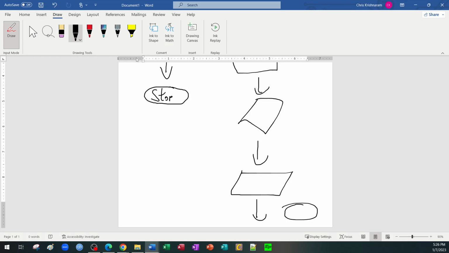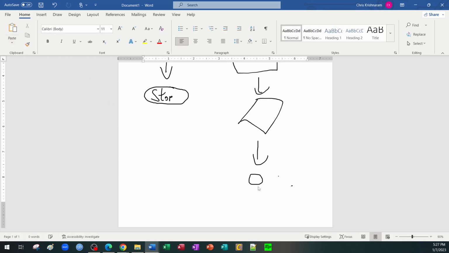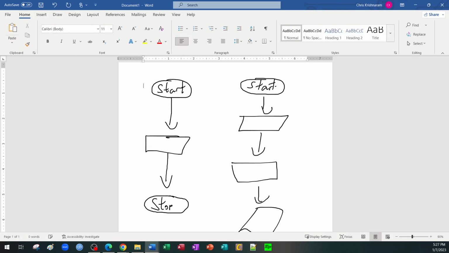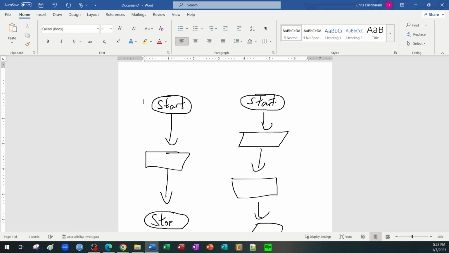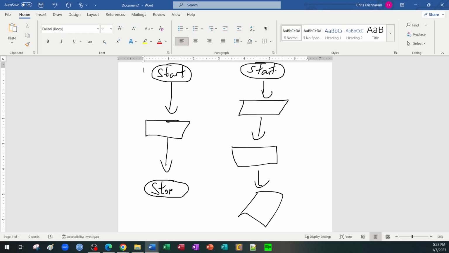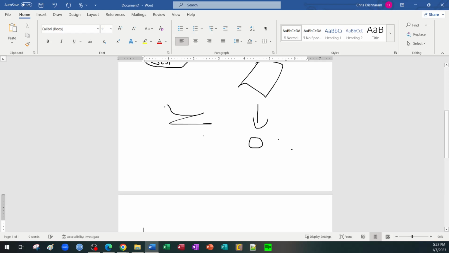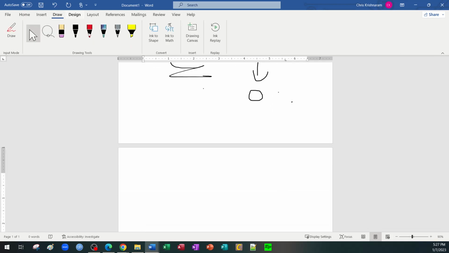So one example of what you can do is to indicate that you are basically putting a connector symbol here, so that when you go over to the next page, you can continue with that.